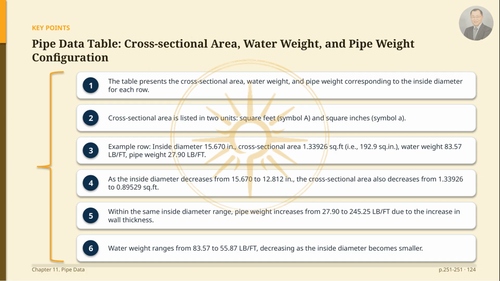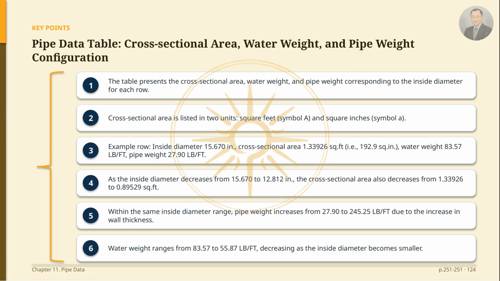This table is a reference that summarizes the correlation between the inside diameter, cross-sectional area, water weight, and pipe weight. For example, when the inside diameter is 15.670 inches, the cross-sectional area is 1.33926 square feet, and you can see that if the inside diameter decreases to 12.812 inches, the cross-sectional area also decreases to 0.89529 square feet.